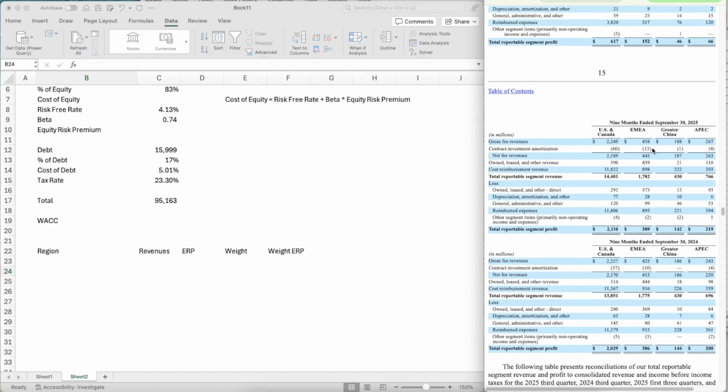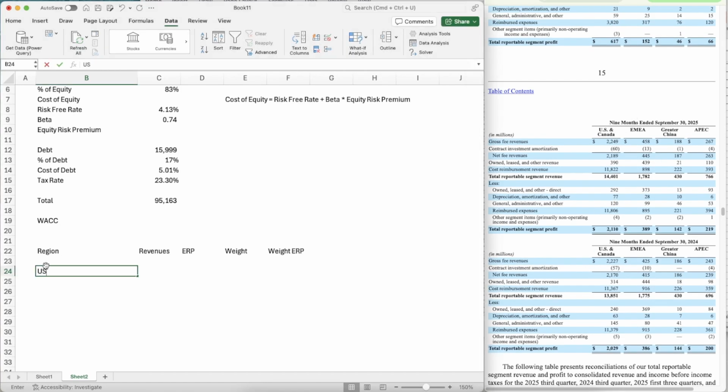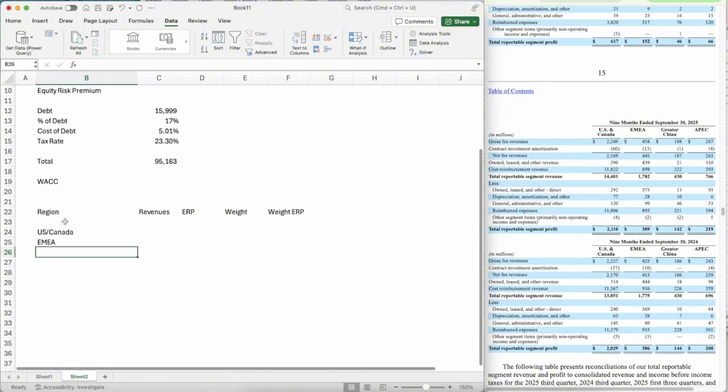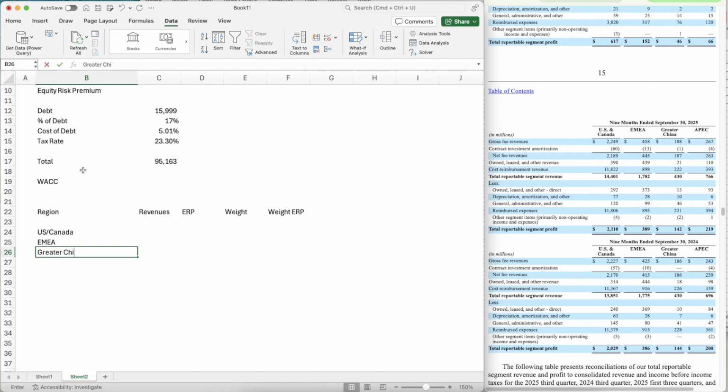Okay, so for the first 9 months of the year, let's break it down how they do it. So US, Canada, then they have EMEA, that's Europe, Middle East, and Africa, Greater China, APEC.